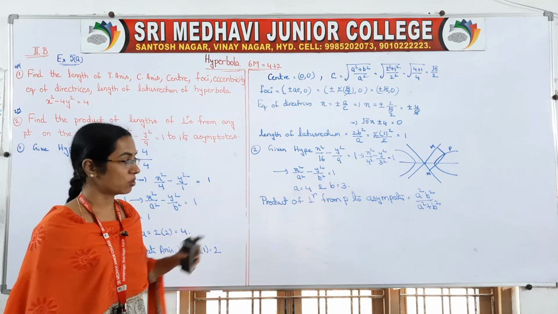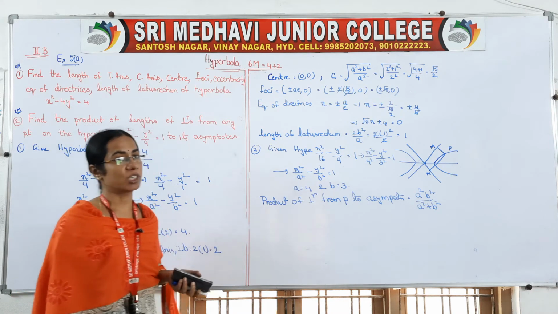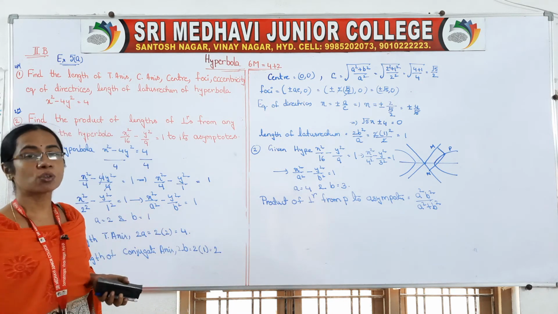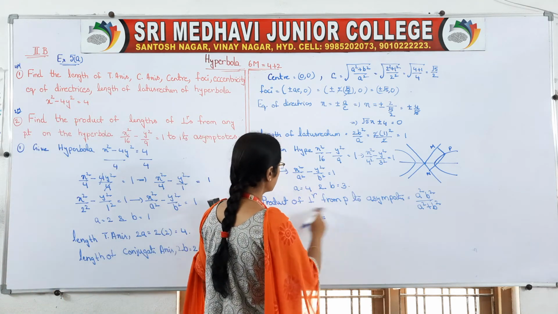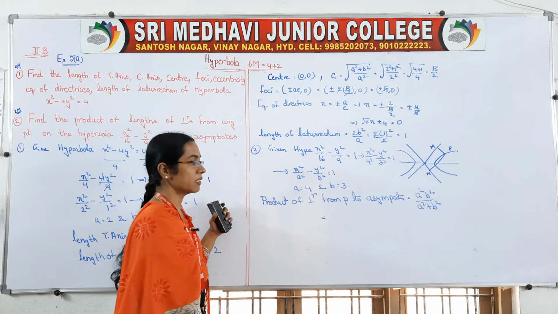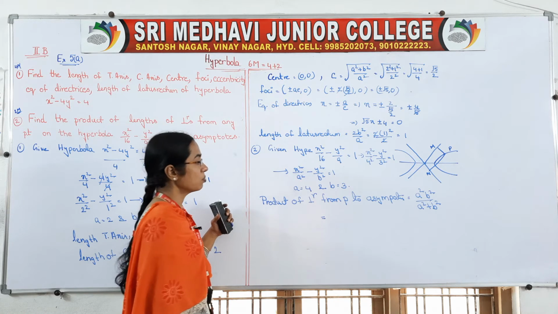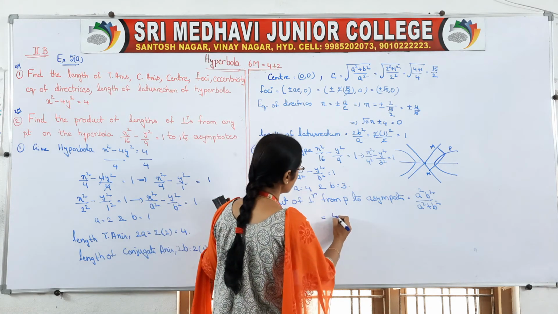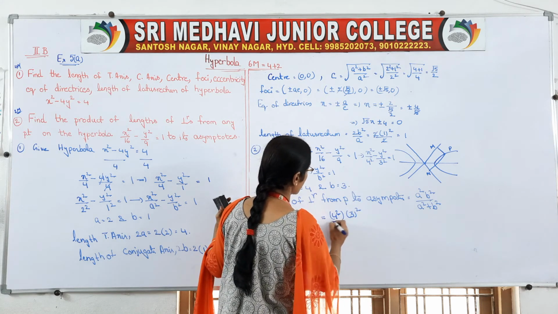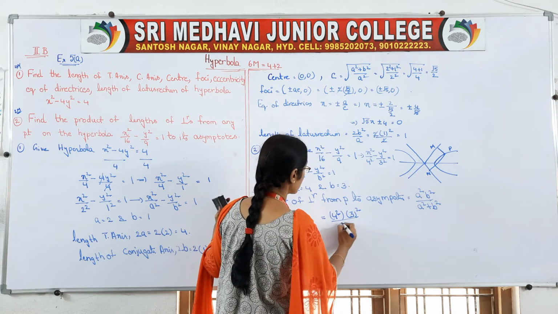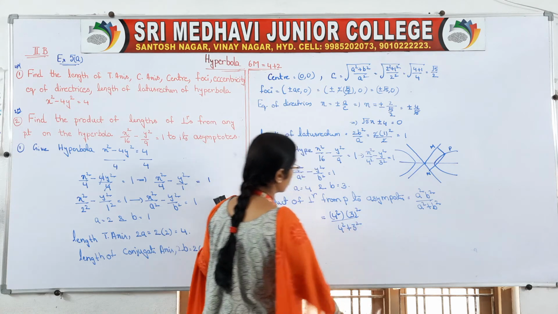That is a 4 marks question. This one is a 2 marks question. Applying that formula, it is a 2 marks question. Right? So what is the product of the perpendicular distances from the point to the asymptotes? a square means 4 square and b square means 3 square, by 4 square plus 3 square.